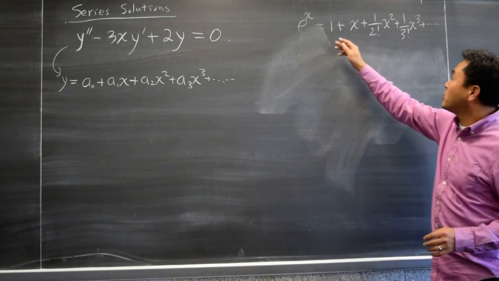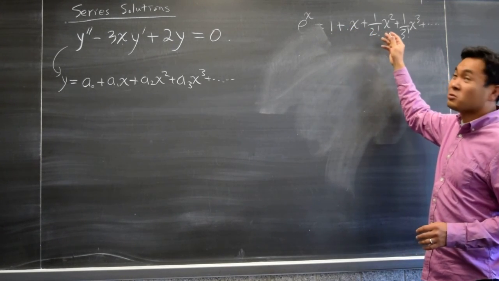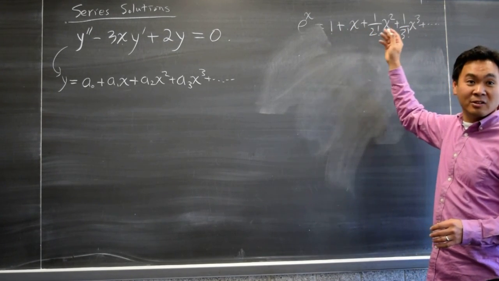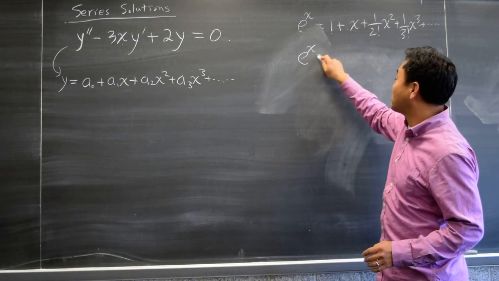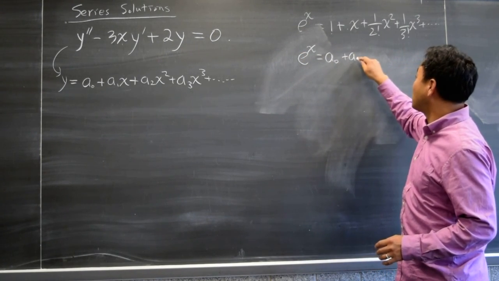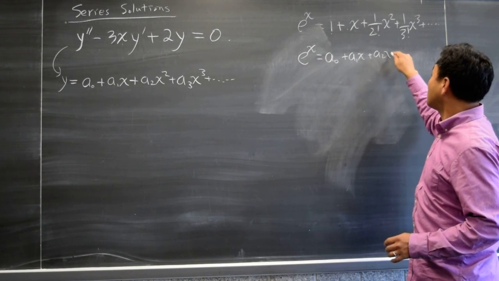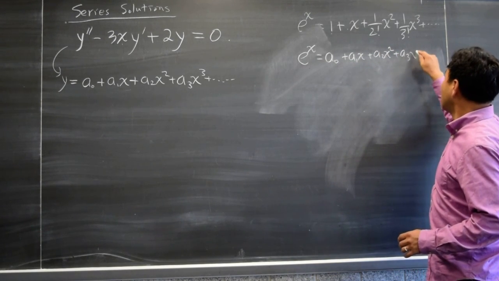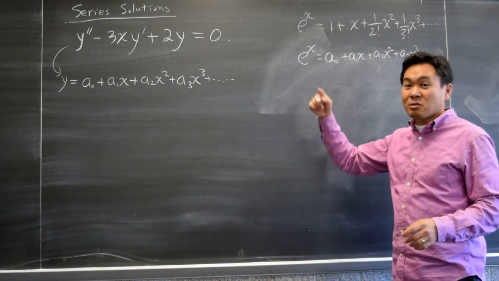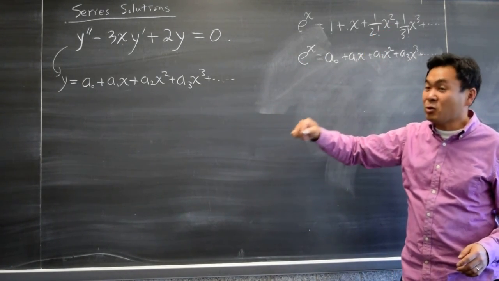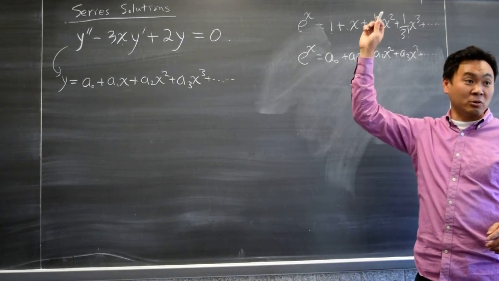By the way, do you know how we get 1 over 2 factorial all these? You can figure this out by just setting e to the x as a0 plus a1x plus a2x squared plus a3x cubed. See, e to the x increases faster than any order polynomial.